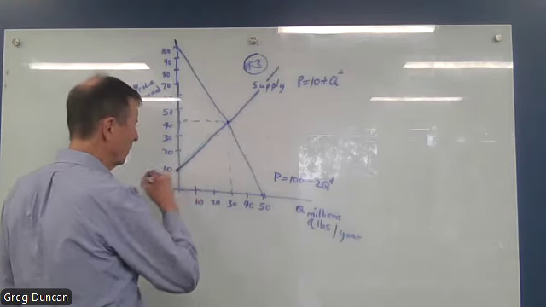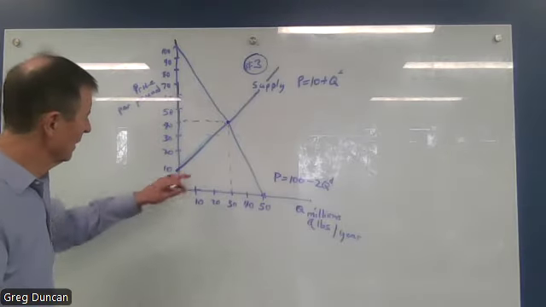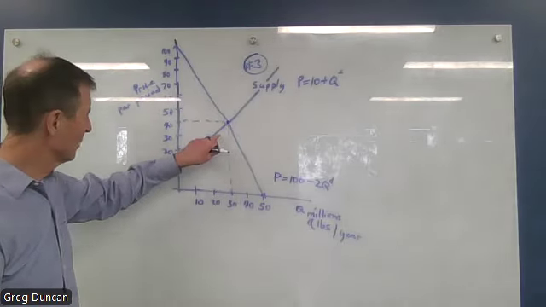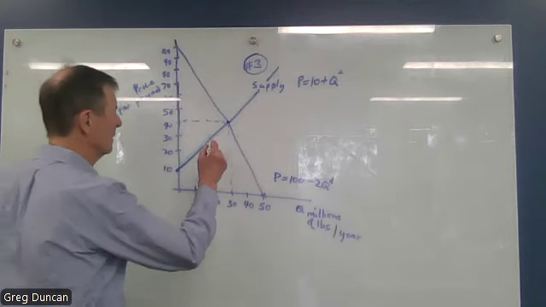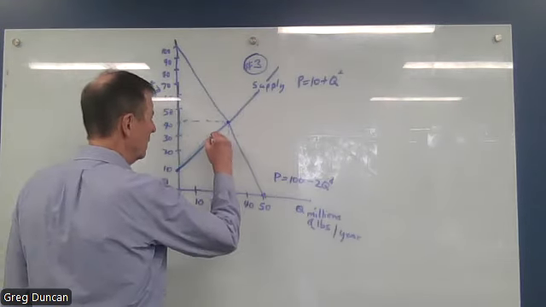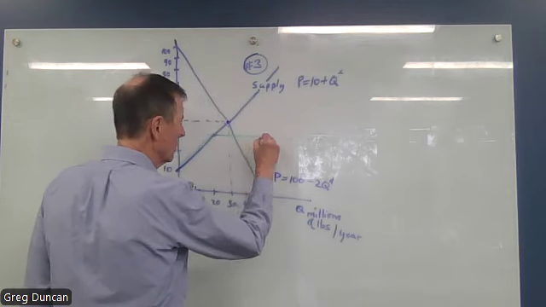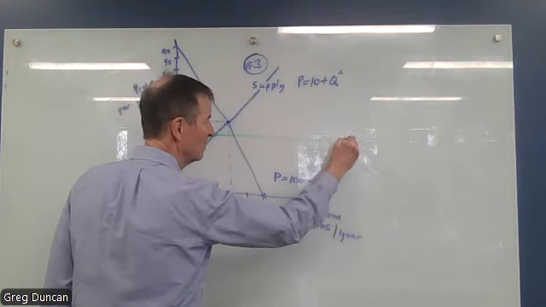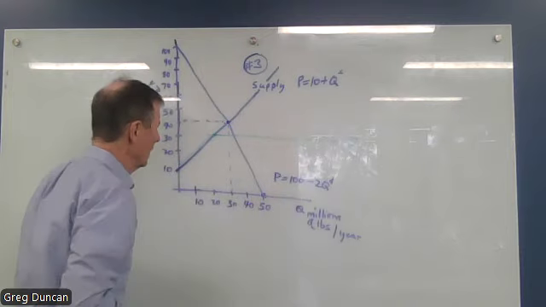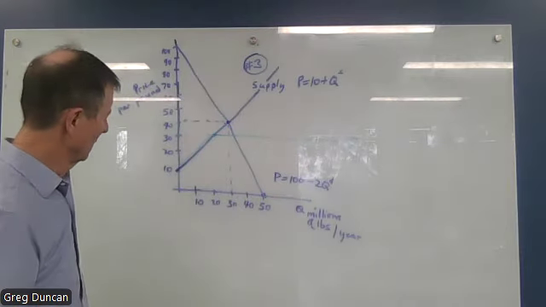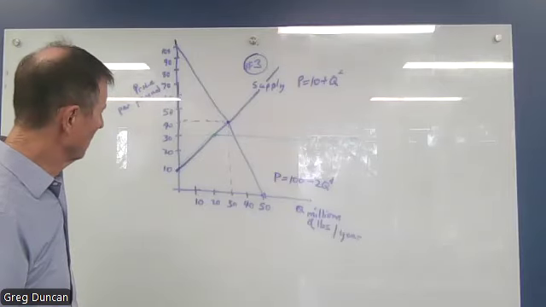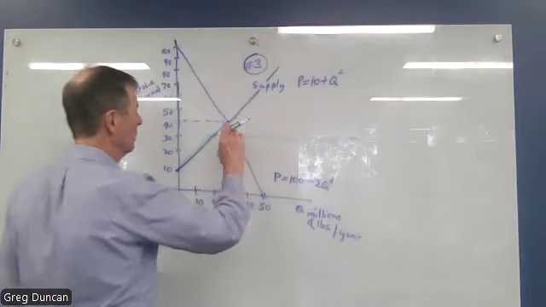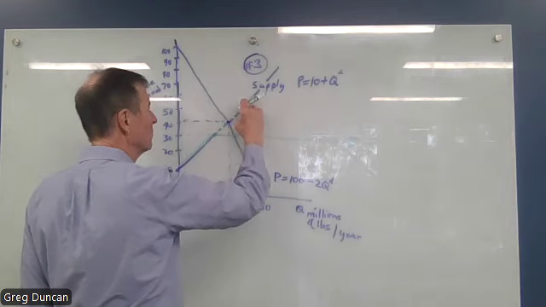If the price is below $30, you only get domestic supply. So you've got this portion of the supply curve. But then there's unlimited supply available at $30. Okay, so this portion of the supply curve really becomes irrelevant.